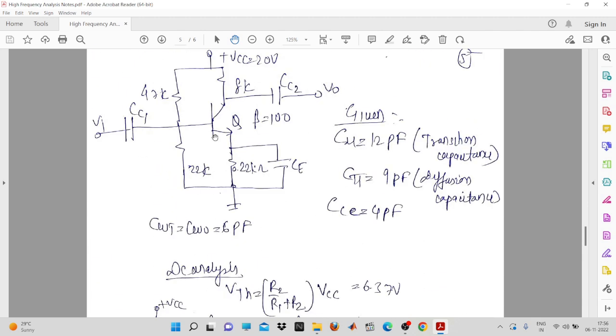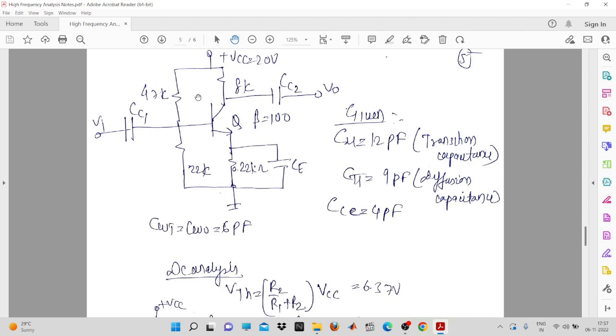When you want to do the DC analysis, your blocking capacitors will be open circuited, your bypass capacitor will be open circuited, and the stray capacitance will also get open circuited. So in that case, now you have only this DC source. So the simple voltage divider circuitry is there.